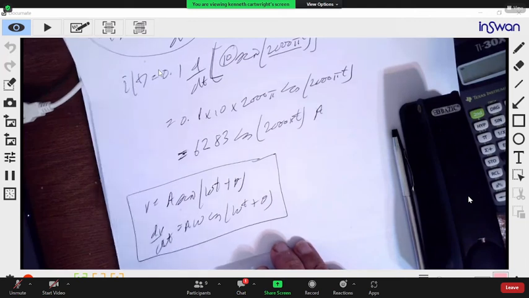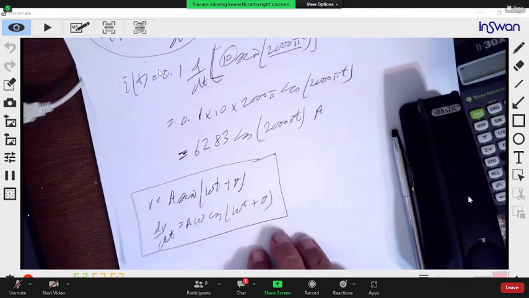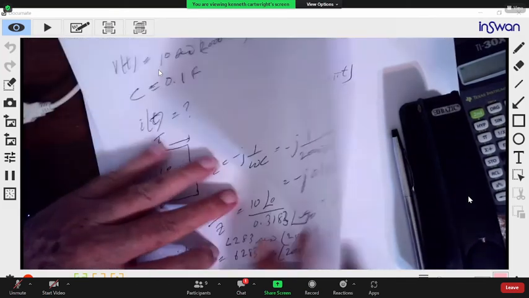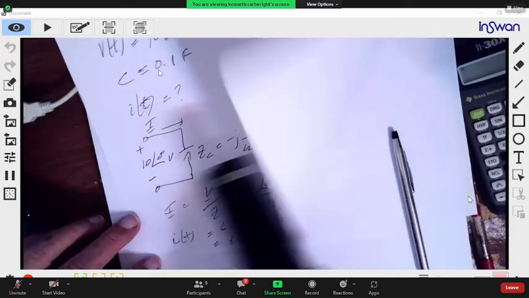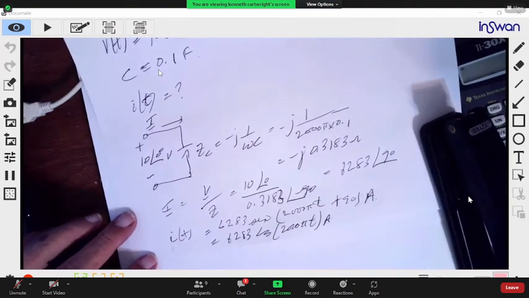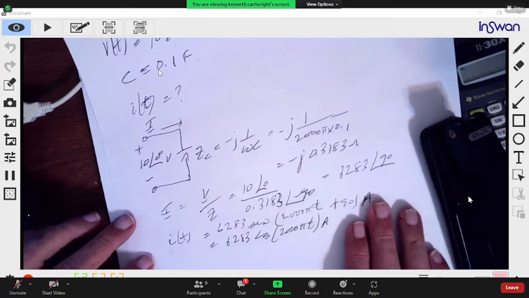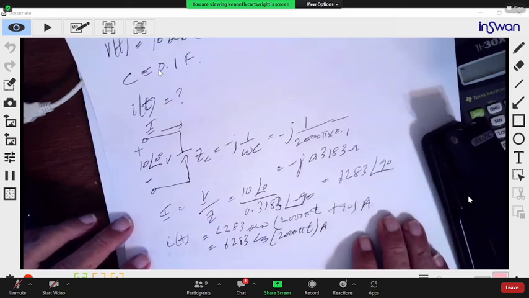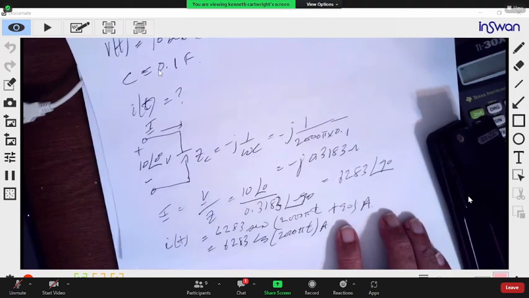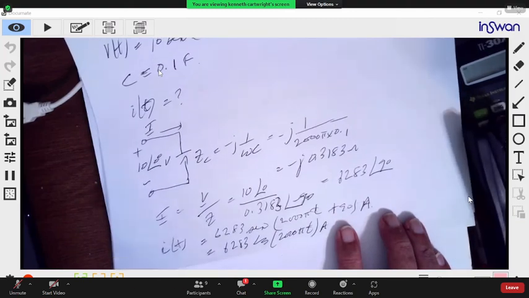Can we go back to the paper before this? The old-fashioned way? Yeah, so okay, when I put that 1 over 2000 pi times 0.1, I get that in my calculator. You're not getting the 0.3183?